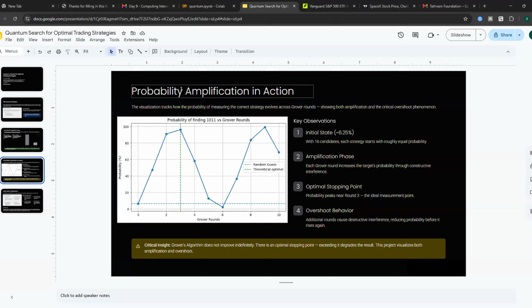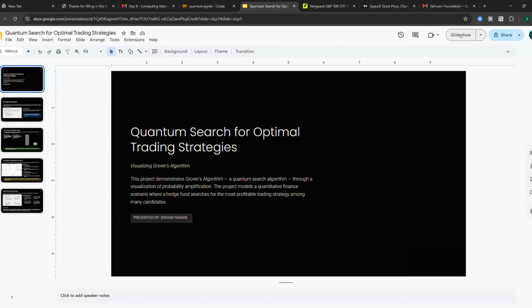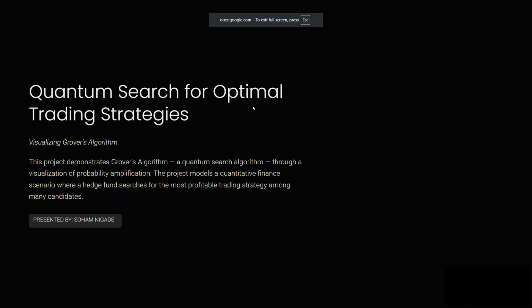Okay. So for this project, I went through the Grover search using the first option given for the capstone project. I used quantum search for optimal trading strategies. In hedge funds, there are a lot of trading strategies, and you have to choose between a lot of them. For example, firms like Citadel have over 1,000 different trading strategies, and they have to choose between them.